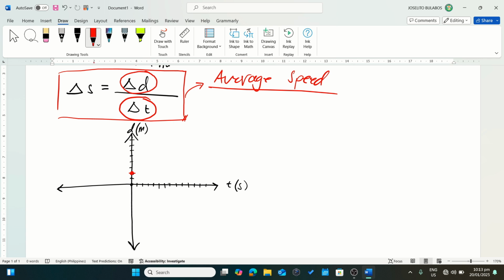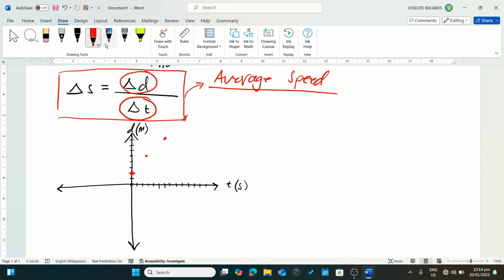Now at time 3, let us assume that the object is located at this position, that is 1, 2, 3, 4, 5 meters. At time 6, let's say the object is located at this position. So that is 1, 2, 3, 4, 5, 6, 7, 8.